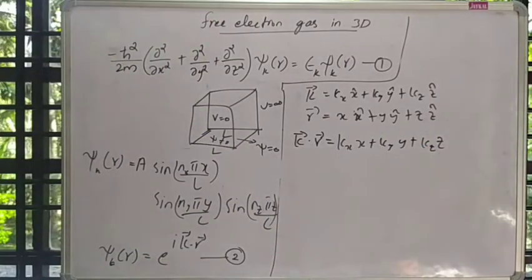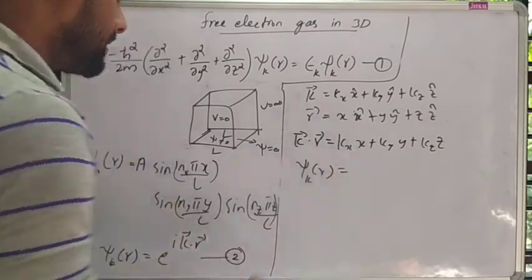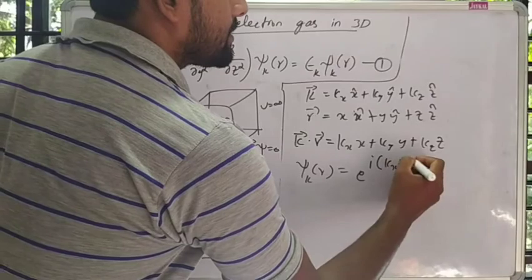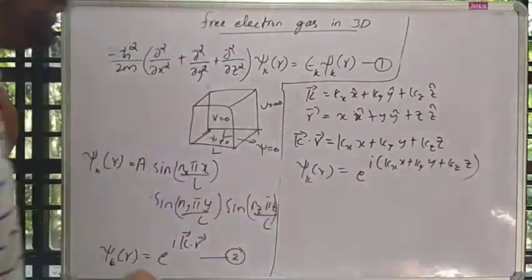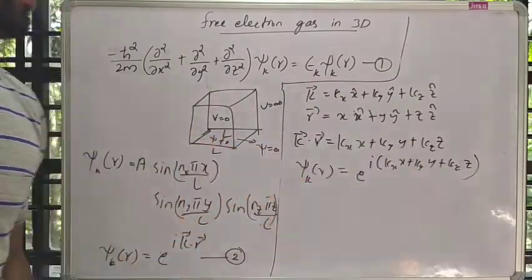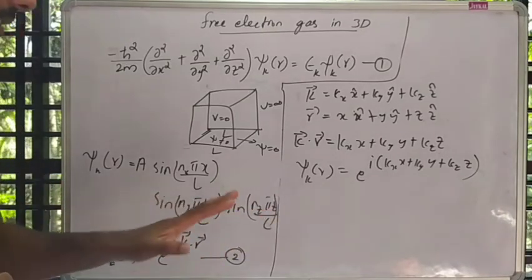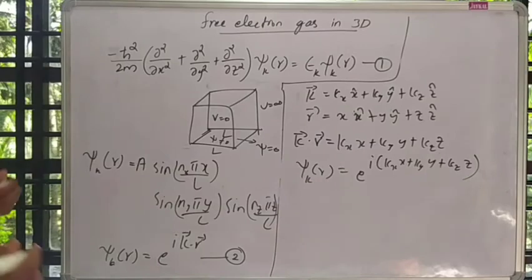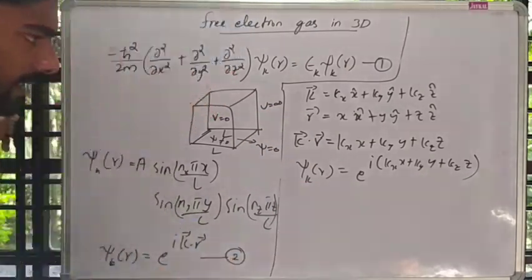So the wave function psi k of r is equal to e raised to i times kx x plus ky y plus kz z. This is the form of the equation of a traveling wave.